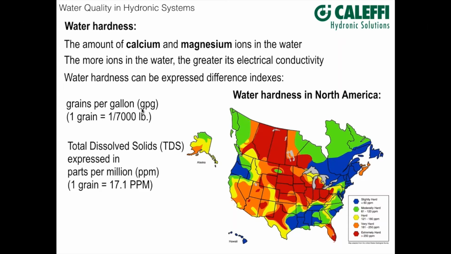So depending on the source of that water and depending on what the subsurface conditions are, if there's limestone and so forth in the area that the water aquifers pass through, that can cause a local hardness issue. So again, this is kind of a macroscopic view. It does show it's a serious issue, that there's a lot of areas where hydronic systems would potentially be applied that have hard water.